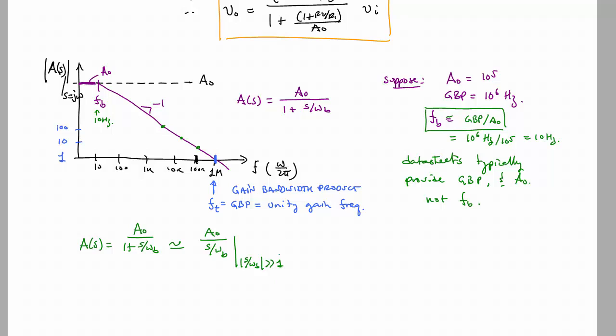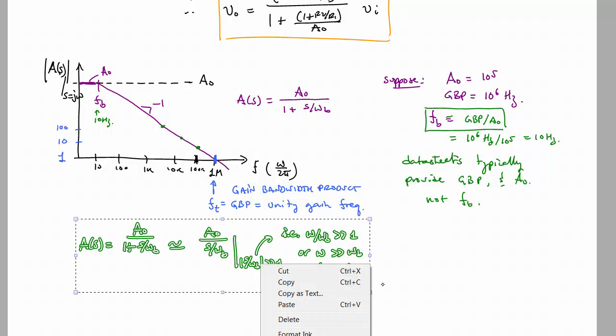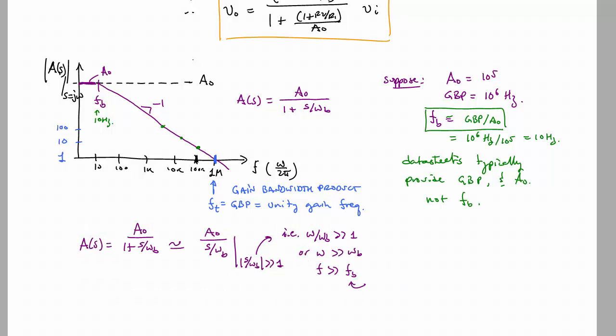Okay, in other words, if we plug in j omega, we'd say omega over omega B is much greater than 1, or omega, the frequency of interest here, is much greater than omega B. So this is saying that if we're working at frequencies that are much greater than F sub B, which we just found in our example was 10 hertz, right?